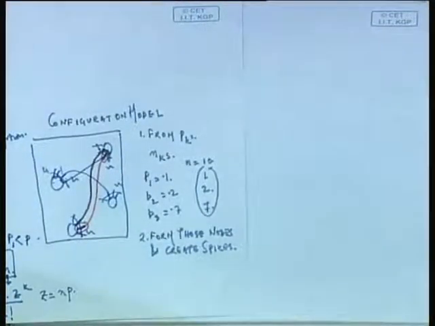Pick a node if it has a spike, and then pick a second node if it has a spike. What can we have? We can have a self loop with this algorithm. Pick a node if it has a spike, then pick a node if it has a spike, then we can have self loops.